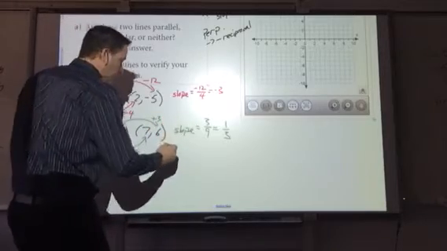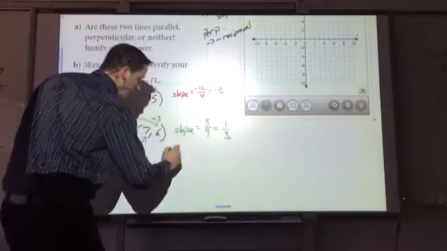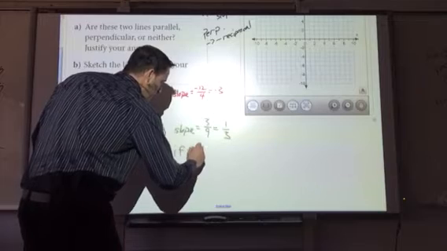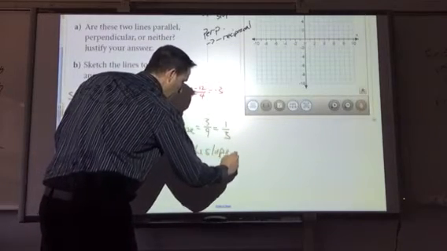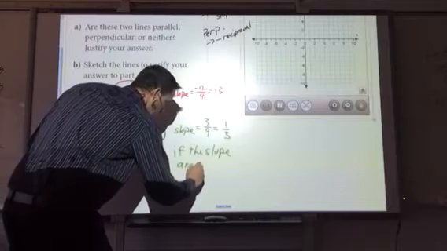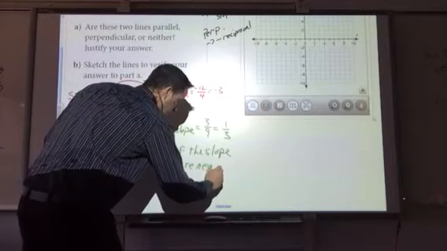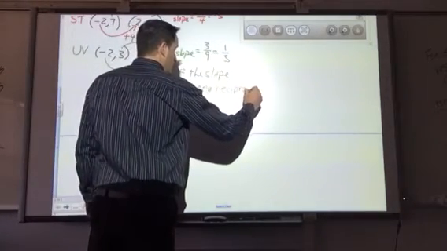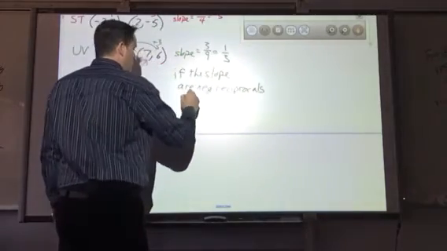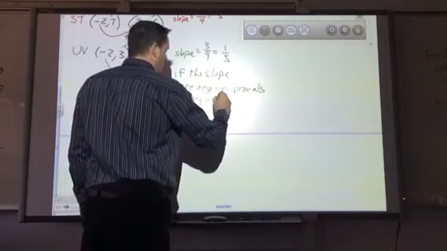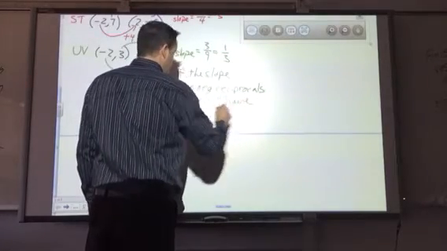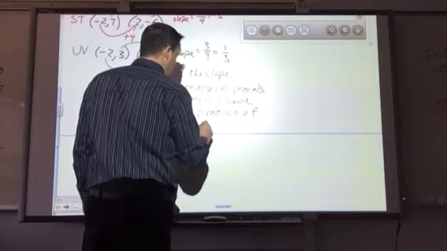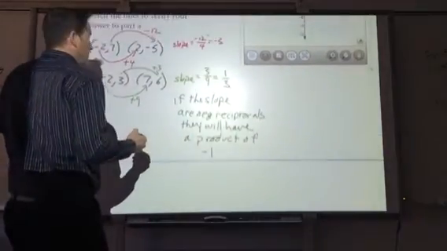Well, the quick check for that, if you can't tell from looking at it, is if the slopes are negative reciprocals, they will have a product of -1. So we can check that real quick.